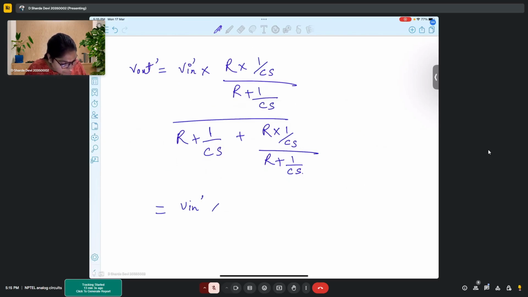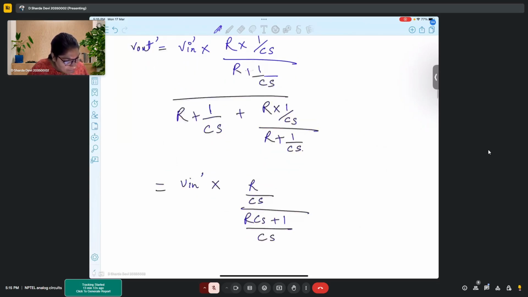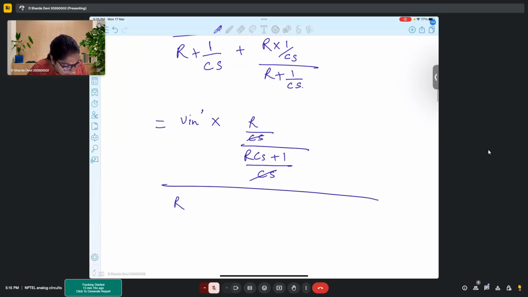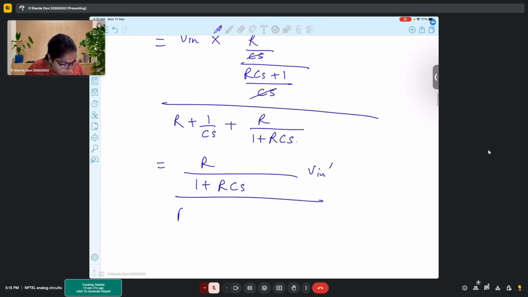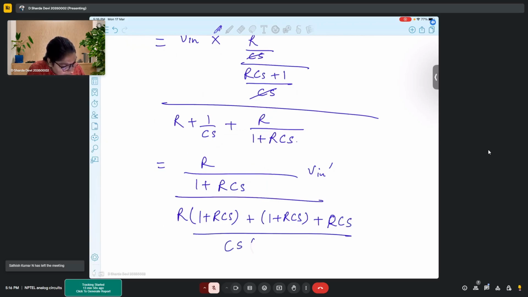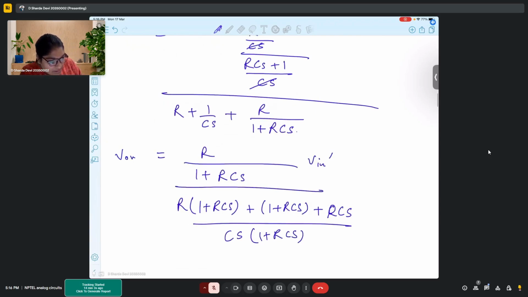These two are cancelled, and we get R upon 1 plus RCS in the denominator term. Right, this is V out dash.